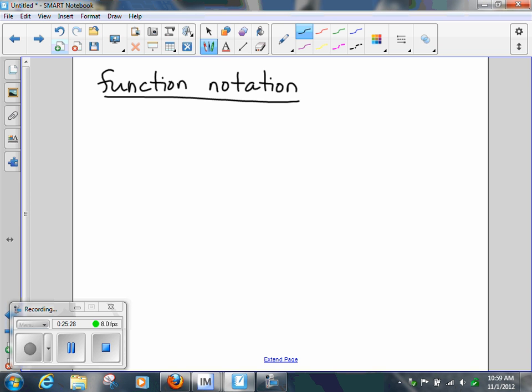I'm going to give you all kinds of crazy graphs tomorrow, and we are going to determine the domain and range from those crazy graphs. We have to look at the width of the graph, and we have to look at the height of the graph. The width of the graph is going to represent what?